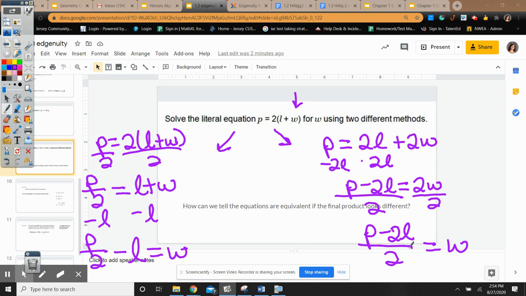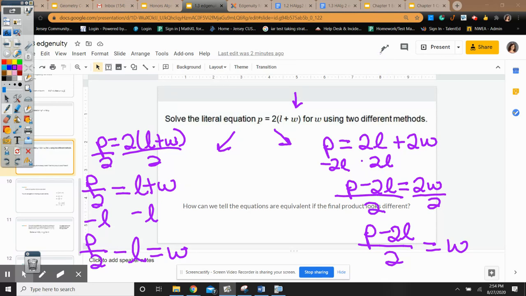Well, there's a couple ways you can do it. You can use algebra. If you knew algebra, you would know dividing by 2 is the same thing as dividing both pieces by 2, which would be P over 2 minus 2L over 2, and they just simplified those 2's to get this. But let's say you didn't catch that. What you can do is show they are equivalent by using variables.